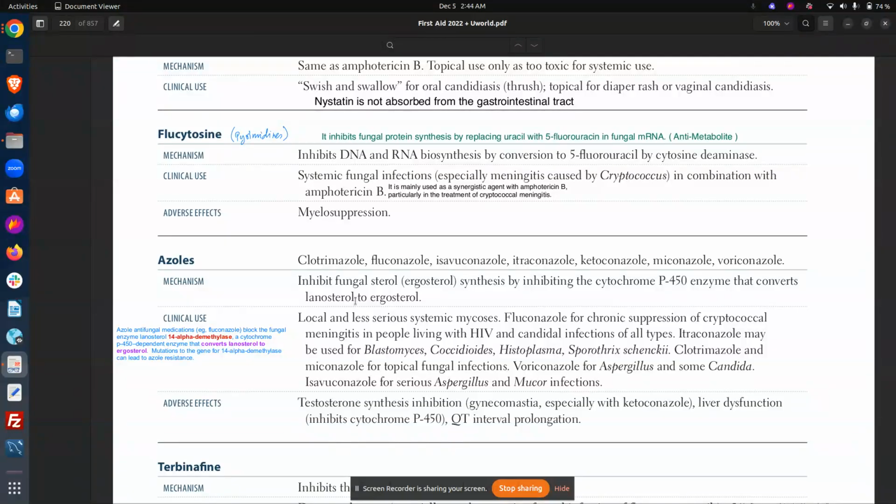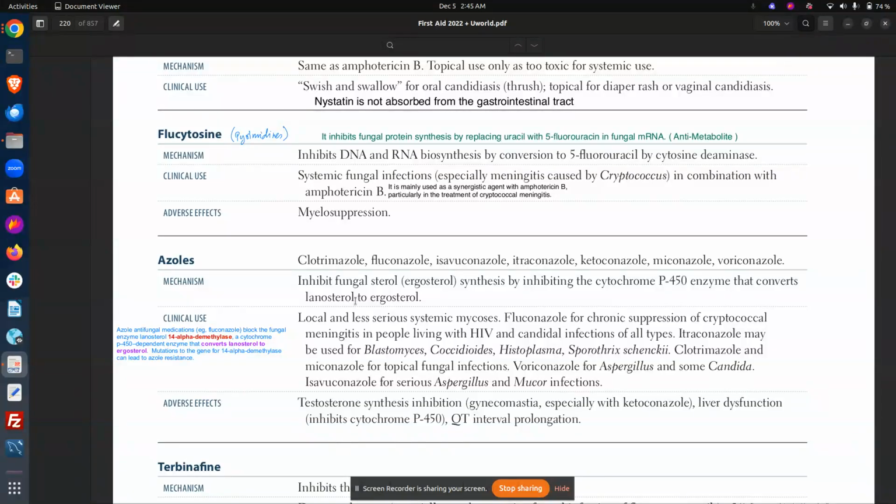What are the side effects of these azoles? Number one is the endocrine effects. Endocrine side effects include that they decrease testosterone synthesis. They inhibit testosterone synthesis. Whenever testosterone is inhibited, the opposite hormone, which is estrogen, is unopposed, and the elevated level of estrogen leads to gynecomastia.